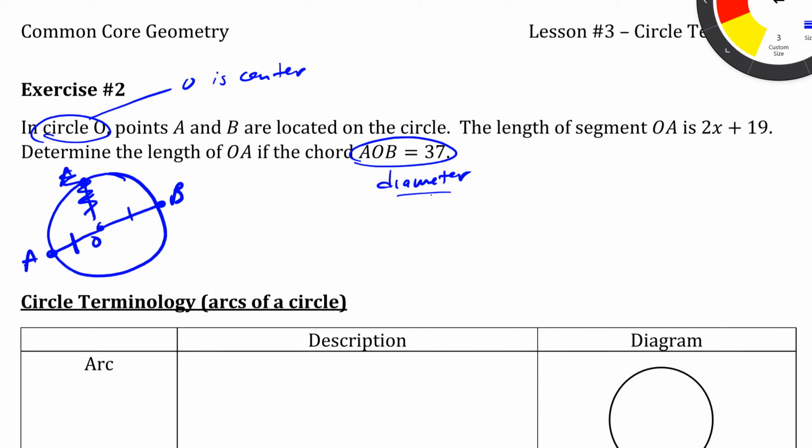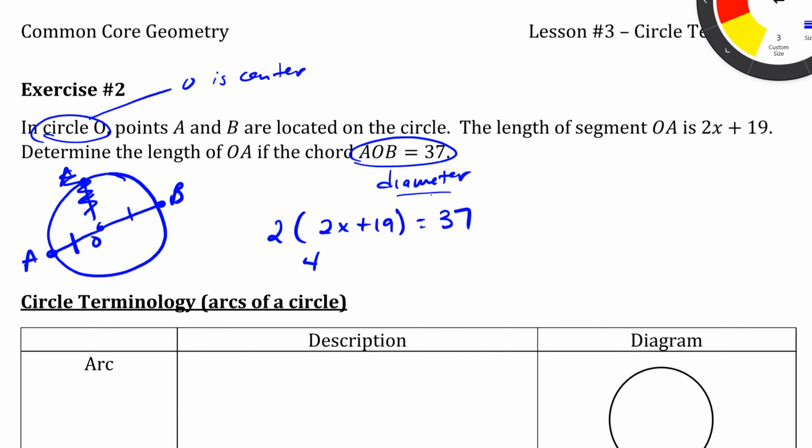Because A and B are located on the circle, they could be anywhere like I initially drew, but because it says AOB is 37, I know that creates a straight line. So I know that AOB is 37, so that means 2 times the radius is equal to the diameter.